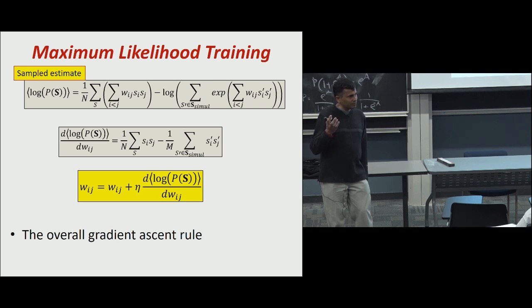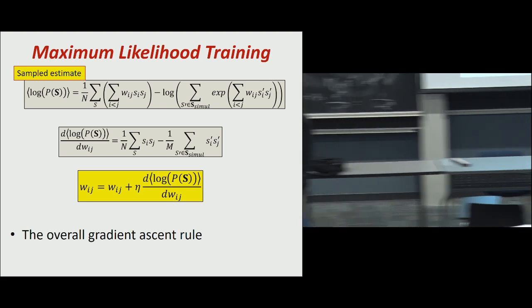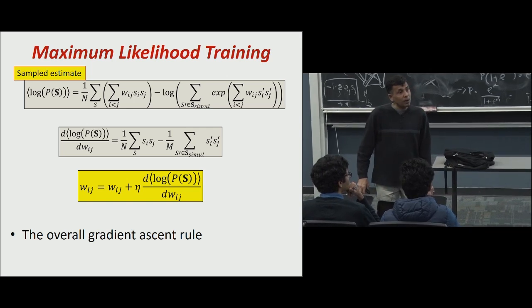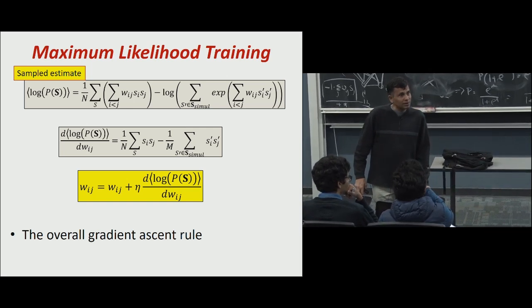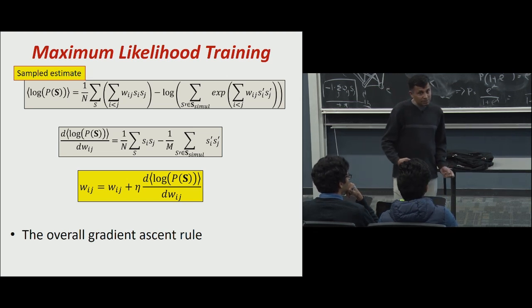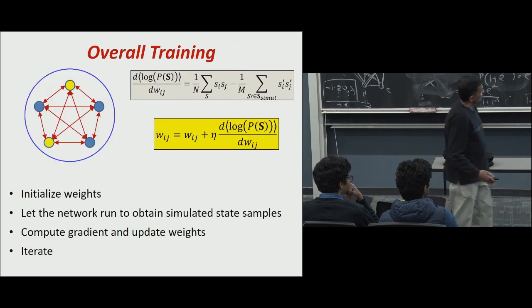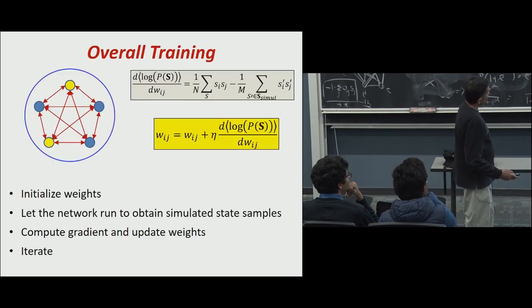Anyone? This was exactly the same as the formula we used to update the weights for the Hopfield network. Nothing changed, right? I went through all of this very complicated machinery. But what were we doing? Maybe I can find the figure.